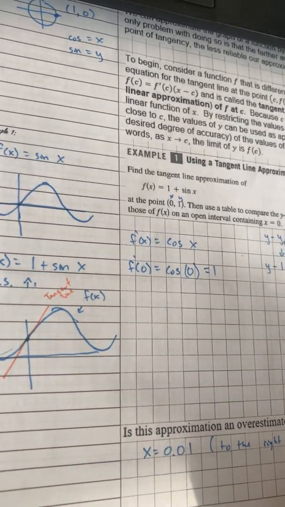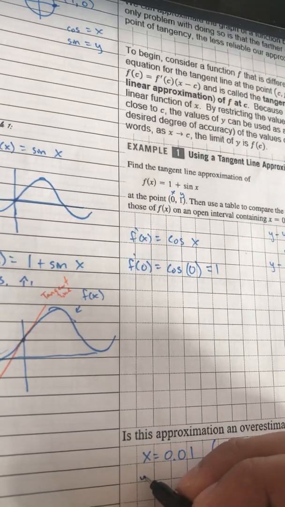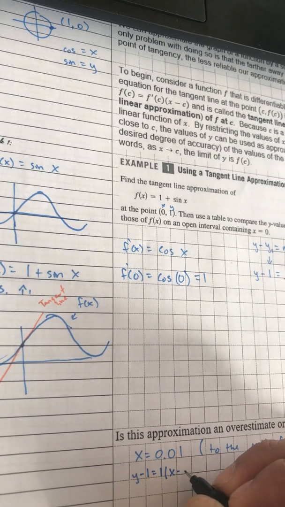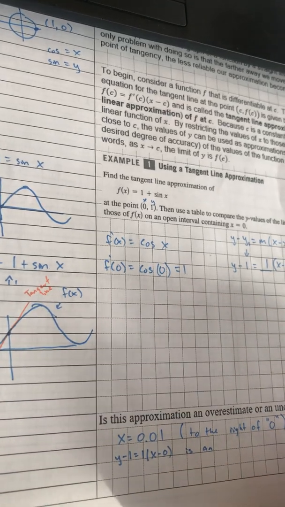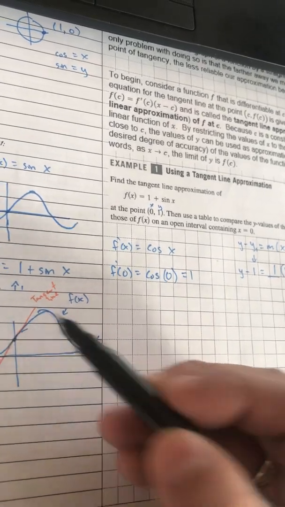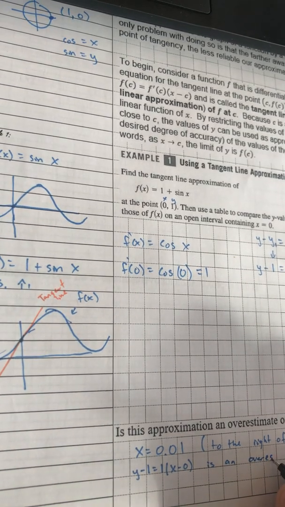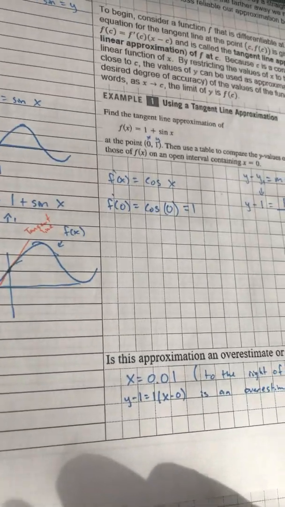If we're approximating that one, we can say y minus 1 equals 1 times x minus 0. We said to the right of it, it's an overestimate. So it's an overestimate. Pretty much done.